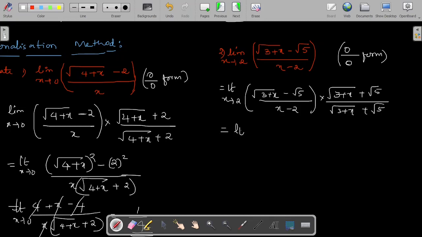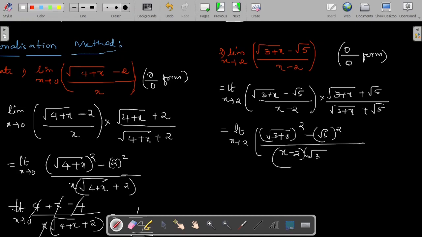So this gives you limit x tends to 2, a minus b times a plus b, so a square minus b square, root of 3 plus x whole square minus root 5 whole square, divided by x minus 2 into root of 3 plus x plus root 5.